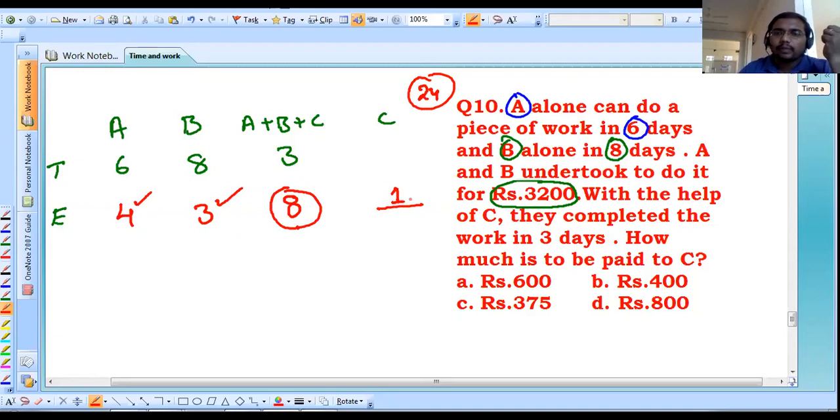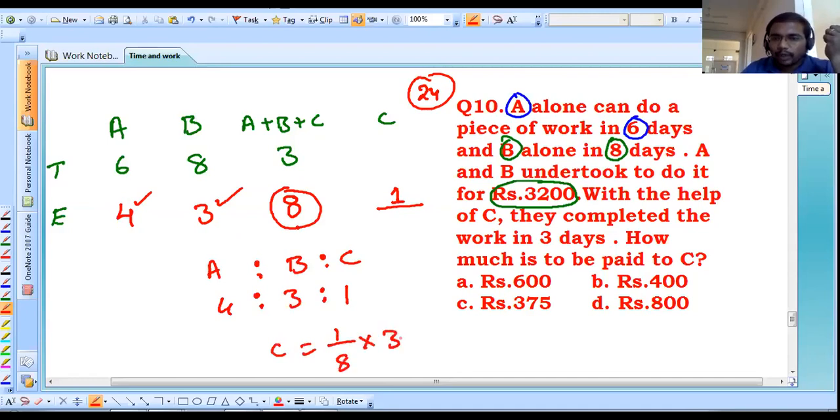The money given to you is divided in the ratio 4:3:1. That means C gets 1 out of 8 of the total money, which is 3,200. So 8 cancels 4 times. That is the answer: 400 rupees.